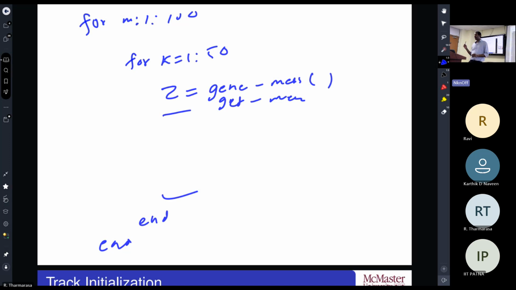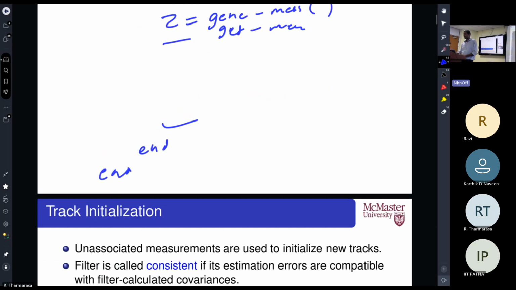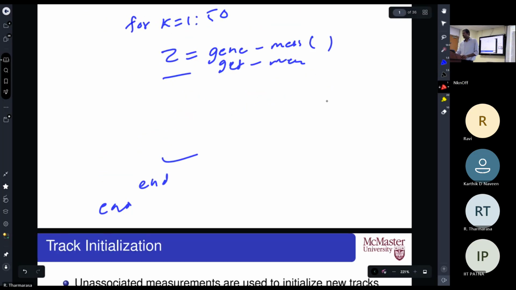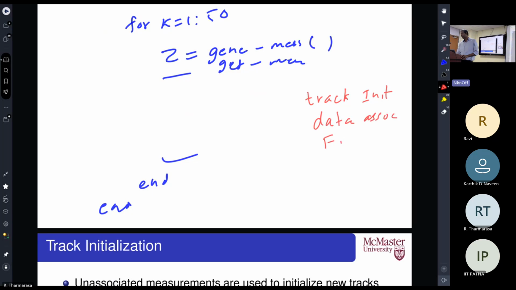In the tracking, we have a few things. One is track initialization. Data association. Filtering.